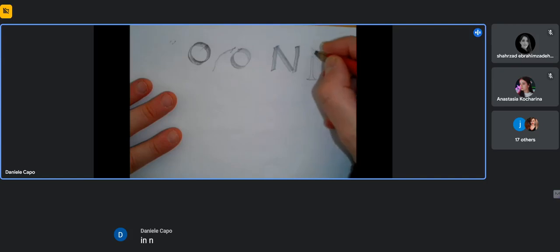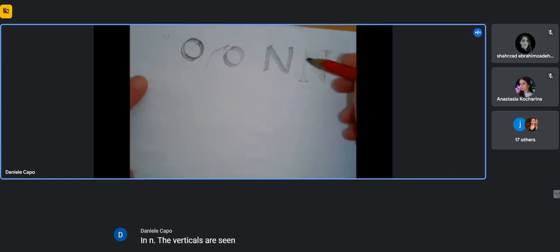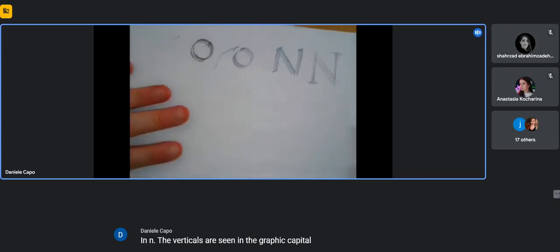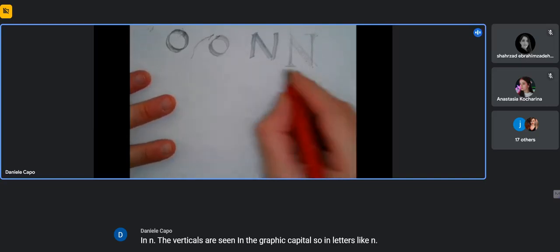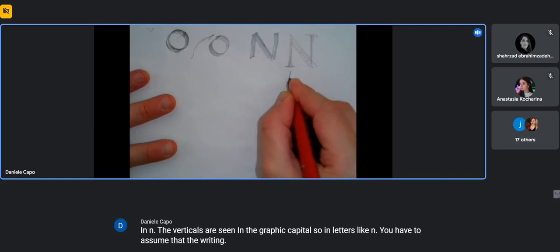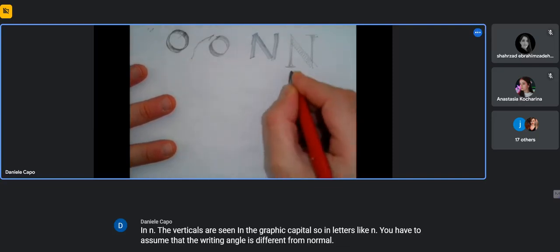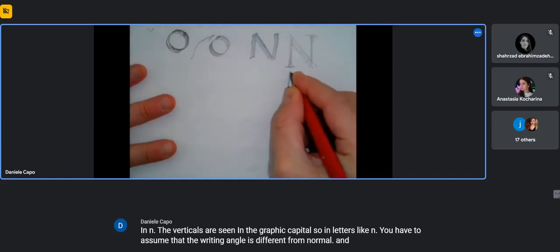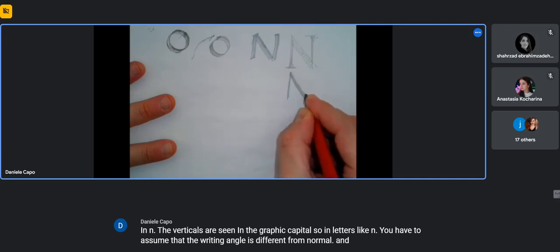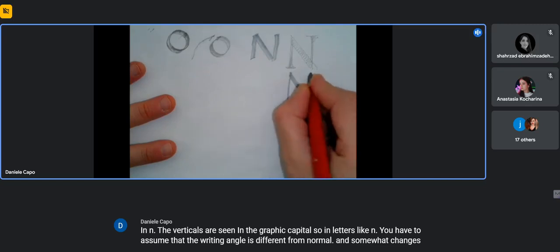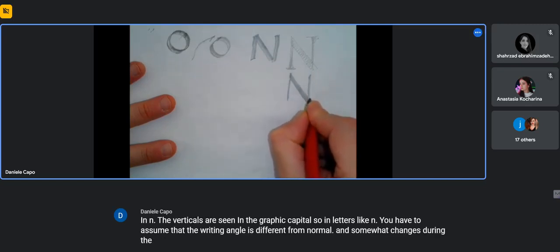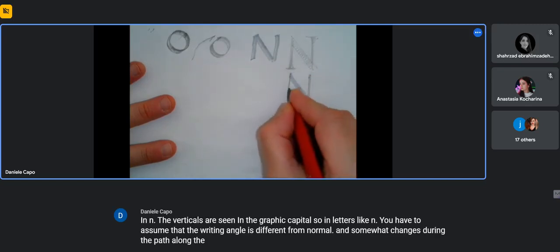In the N, the verticals are thin in the epigraphic capital. So, in letters like N, you have to assume that the writing angle is different from normal and somewhat changes along the path.